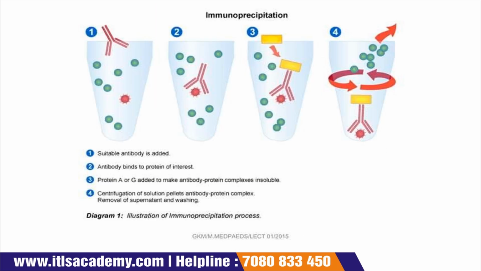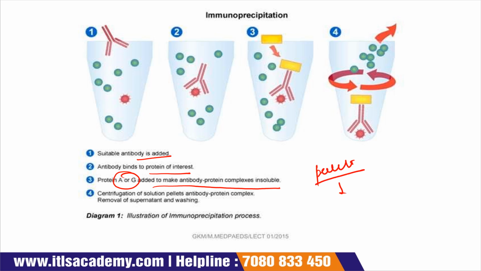Now immunoprecipitation. In immunoprecipitation, a suitable antibody is added. This antibody makes a bond to a protein. If the desired protein is present, then protein A or G is added to make the antibody-protein complexes insoluble. After that we centrifuge it, and we get pellets.